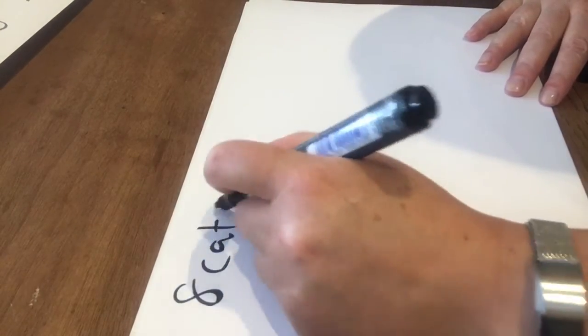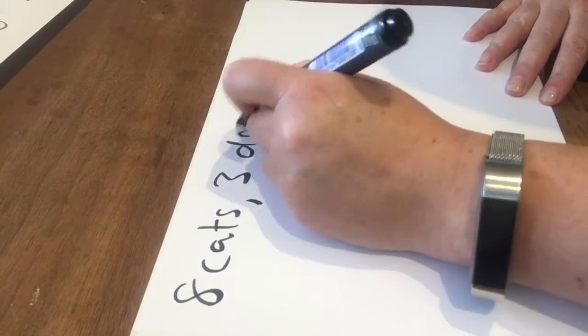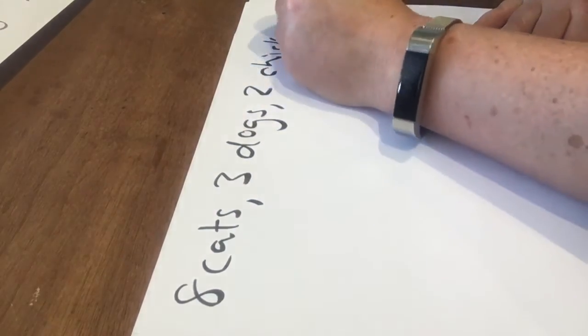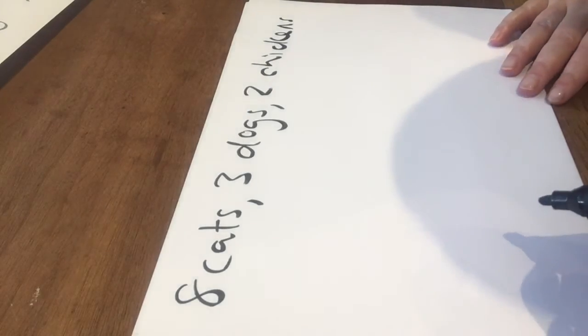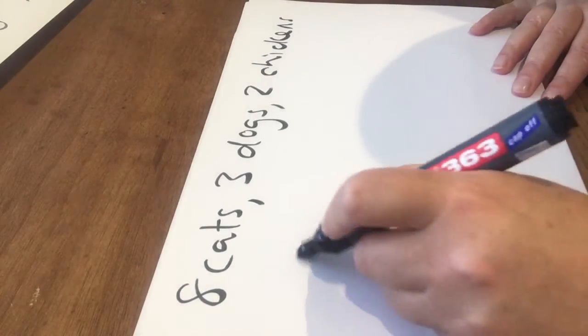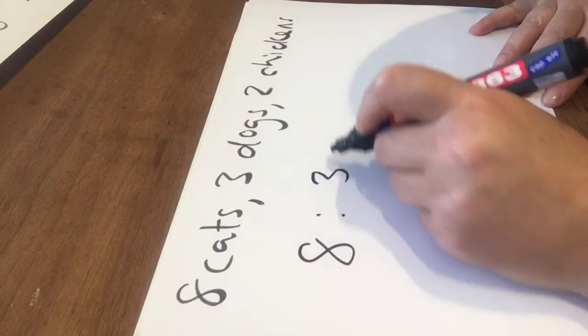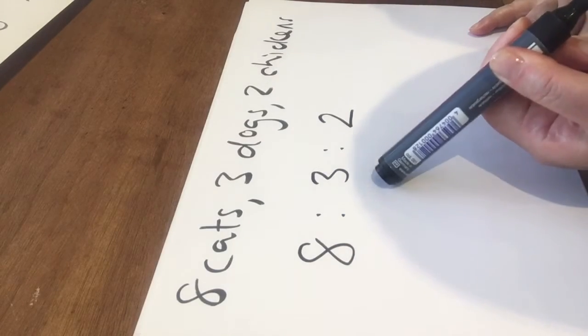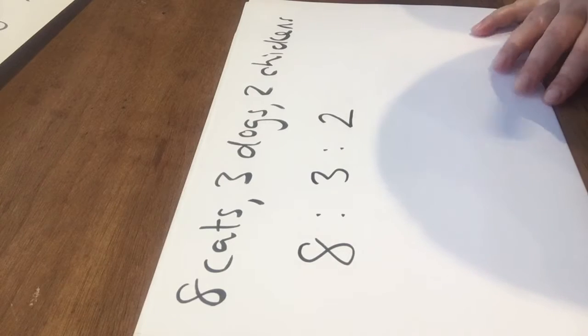Let's look at another example together. Let's say I've got 8 cats, 3 dogs, 2 chickens. Okay, so the ratio would be written as 8 to 3 to 2. 8 cats, 3 dogs, 2 chickens.